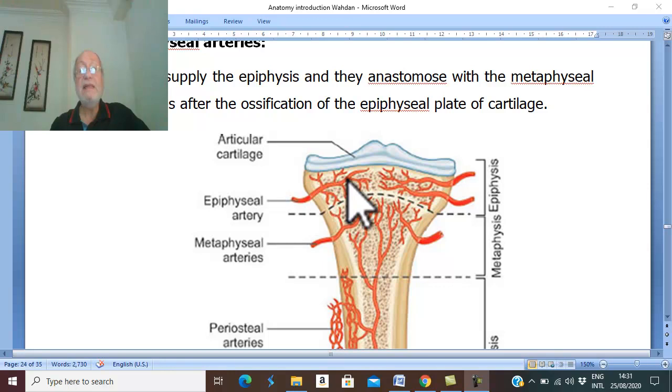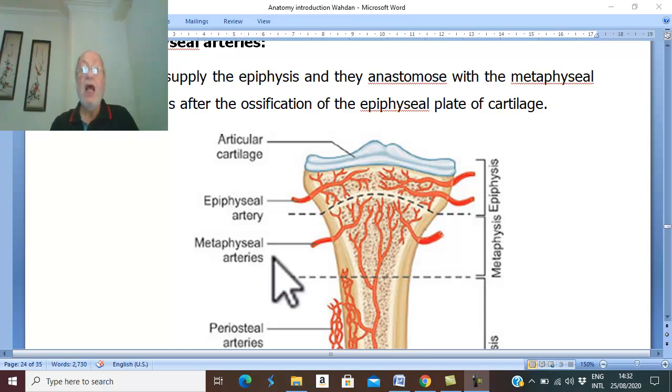The artery supplying the epiphysis enters through a fine foramen in the bone and is called the epiphyseal artery. After fusion of the growth plate in adult life, anastomosis occurs between the epiphyseal arteries and the arteries below in the metaphysis.